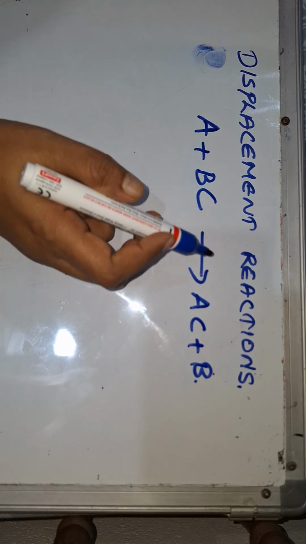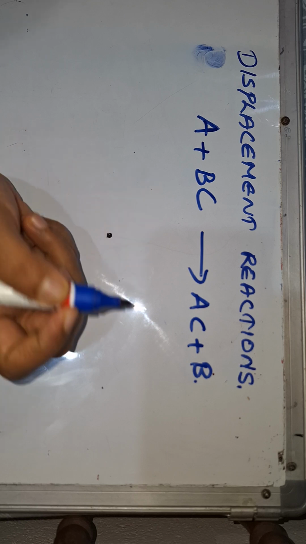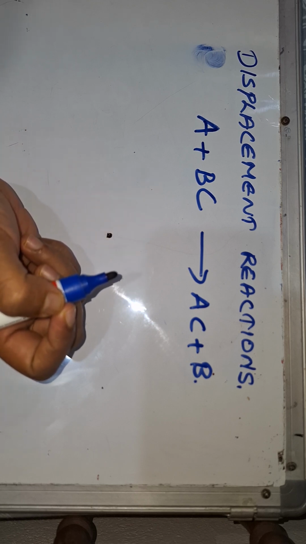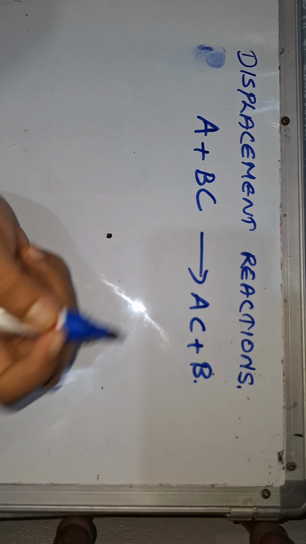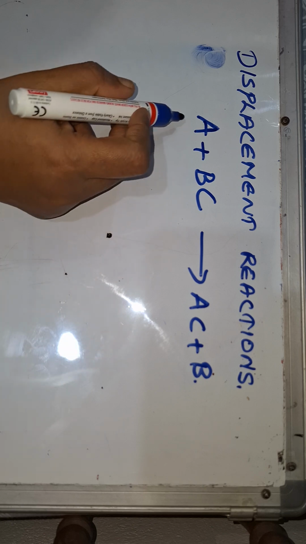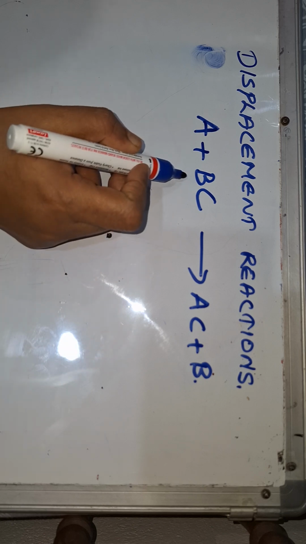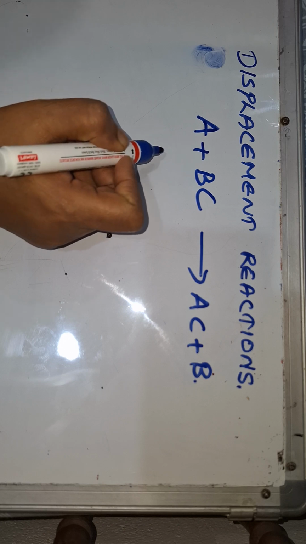Or we can define this displacement reaction as a more reactive element displaces a less reactive element in a reaction. Displaces means one element will remove another element and it will take its position.